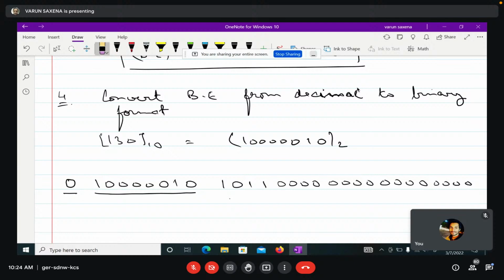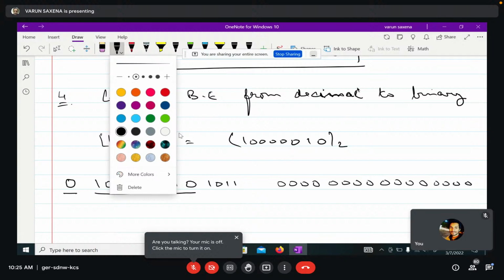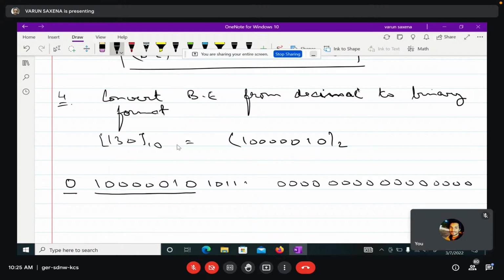So 1 0 1 1, and then 0 0 0. These bits represent your mantissa. So this is the 32-bit IEEE format for 13.5.